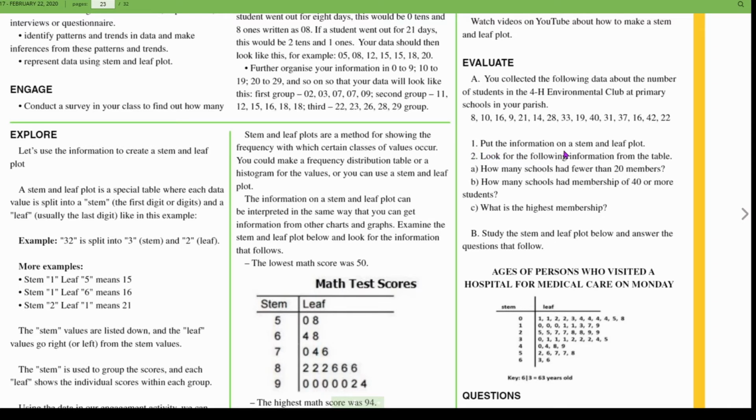Put the information on a stem and leaf plot. 2. Look for the information from the table. A. How many schools had fewer than 20 members? B. How many schools had members of 40 or more students? C. What is the highest membership?